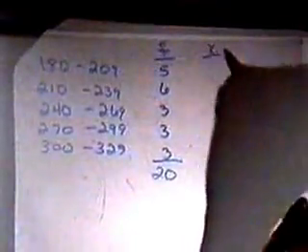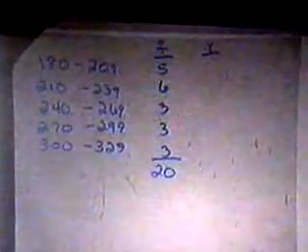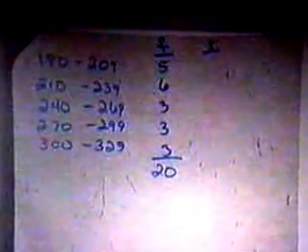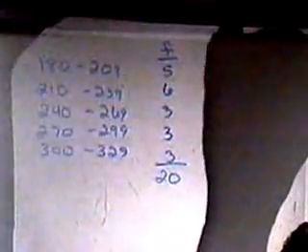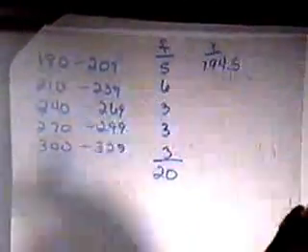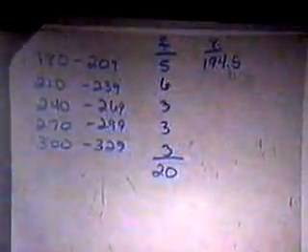Midpoints. 180 plus 209 divided by 2. My midpoint, 194.5. Do not round that off to 195. Never round a midpoint.